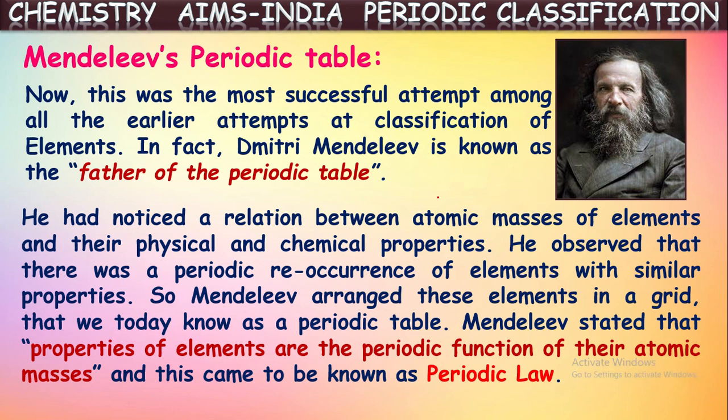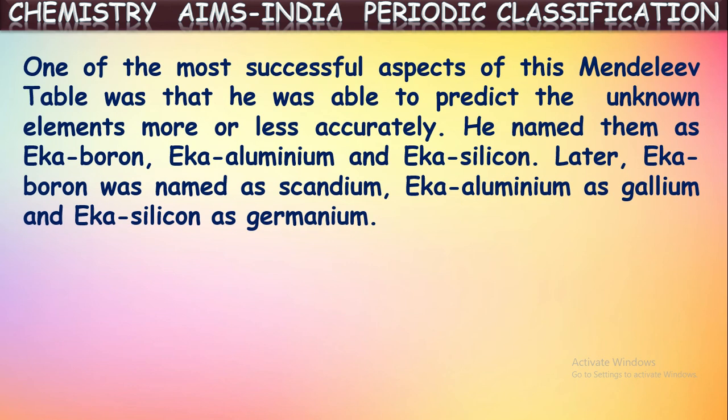by using this. One of the most successful aspects of Mendeleev's periodic table was that he was able to predict the unknown elements more or less accurately. Yes, it is one of the important predictions where he succeeded completely. He predicted some unknown elements while arranging the elements into the periodic table.